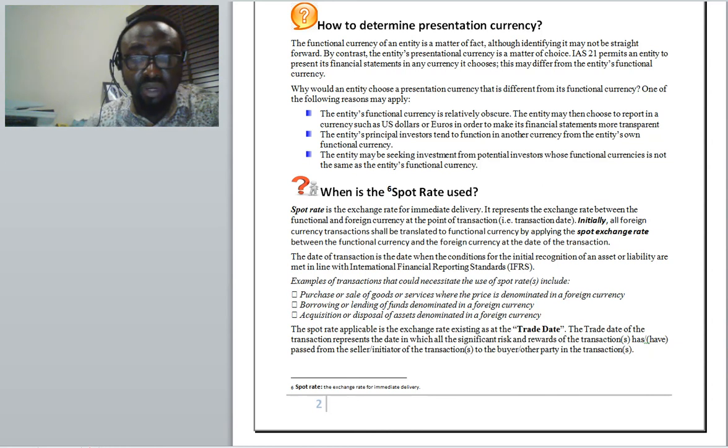Also, further, we'll realize that the spot rate changes as time passes, which implies that the spot rate is at every spot. What it simply means is that the spot rate as at the close of business today may be different from the exchange rate tomorrow.